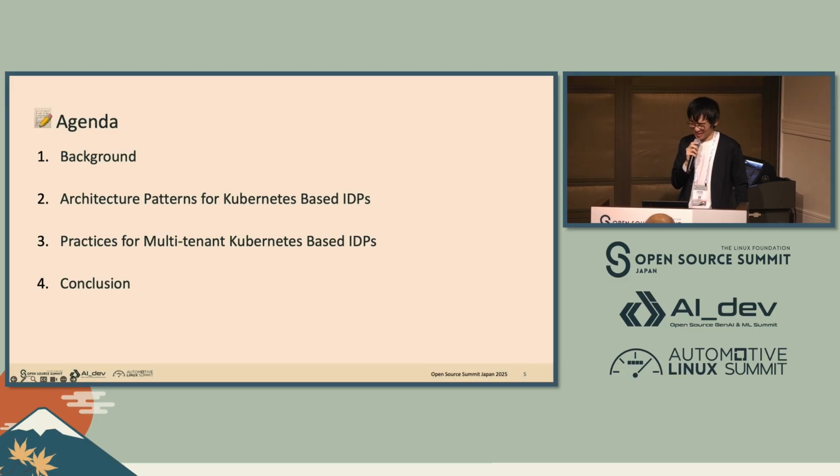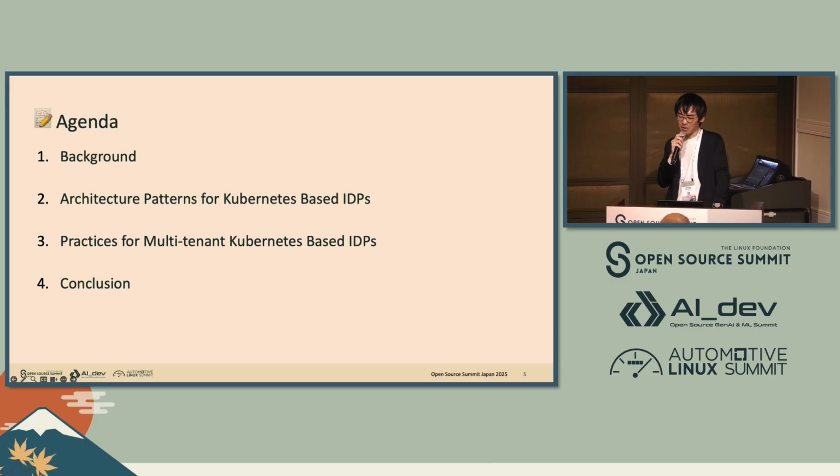today I've divided the agenda into 4 parts. You can see them on this slide. First, I'll explain what a platform is, and I'll talk about its main functions and its basic architecture. Next, I'll introduce several architecture patterns. These patterns are used for internal platforms built on Kubernetes.